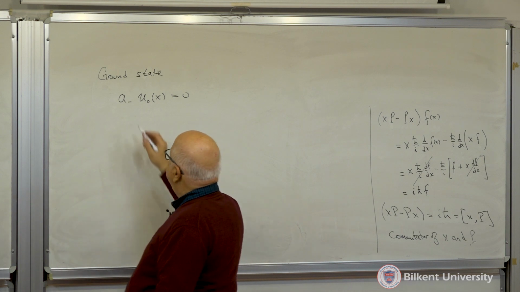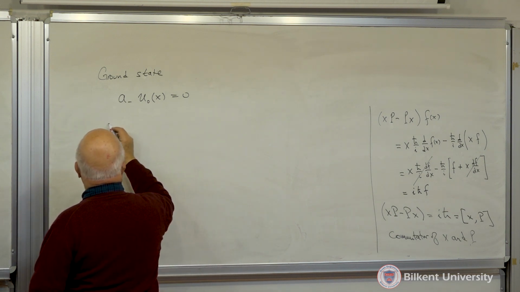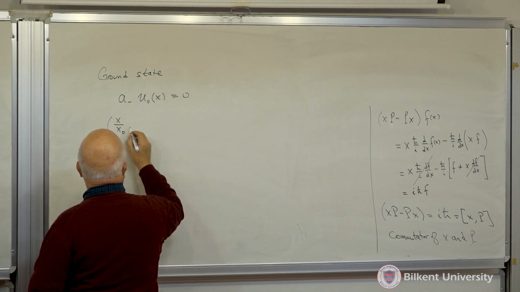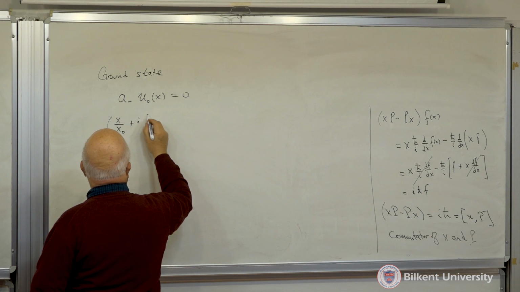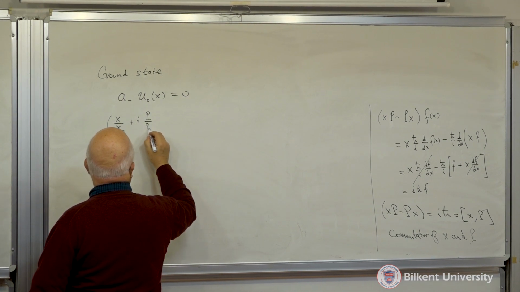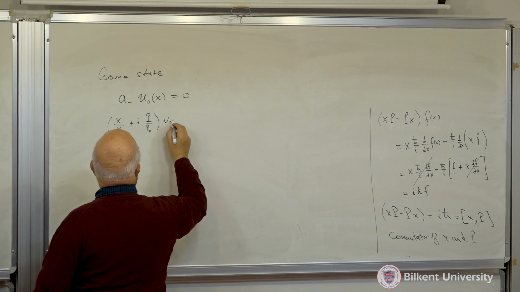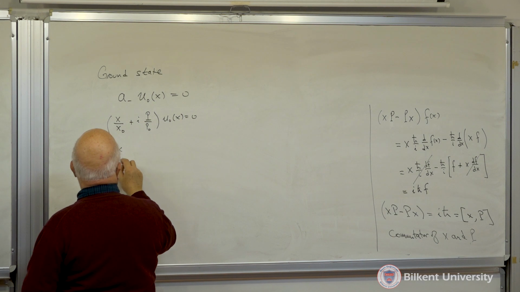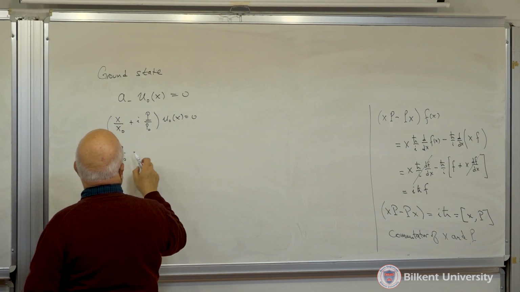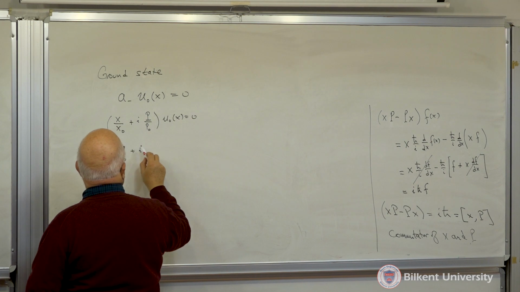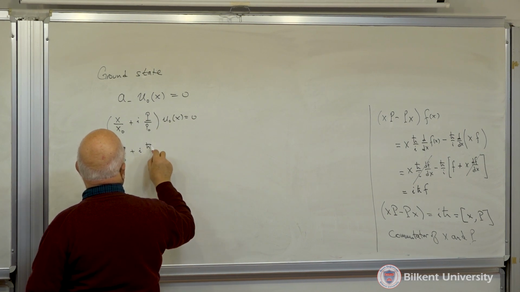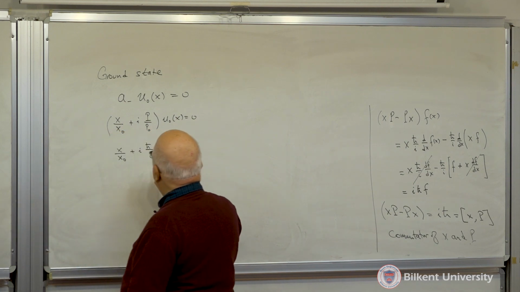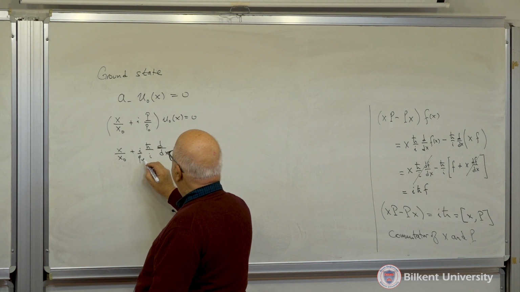So I'm going to get an equation which looks like x over x0 plus i p over p0, acting on u0 of x, is equal to 0. In place of p I'm going to put h bar over i d dx, and a 1 over p0 someplace.